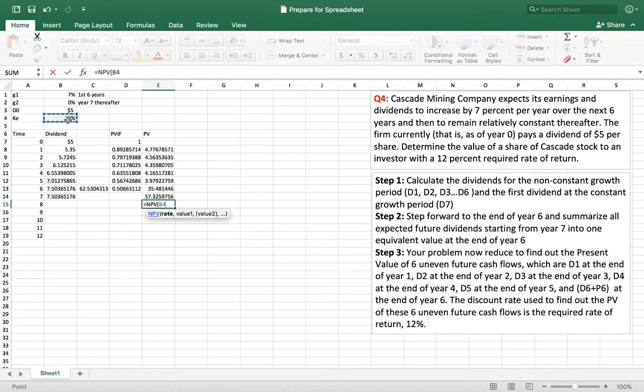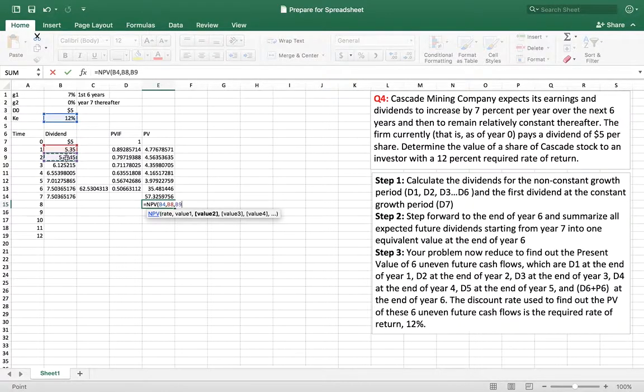And then the 6 corresponding future values, which are the dividend at the end of year 1 given in cell B8. So I click on cell B8. The dividend at the end of year 2 given in cell D9.